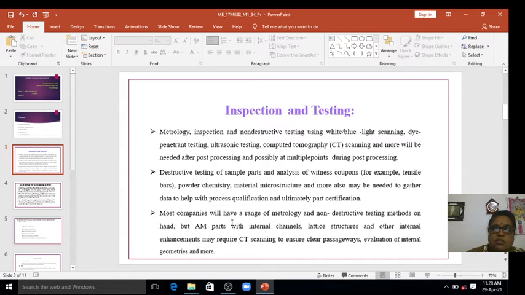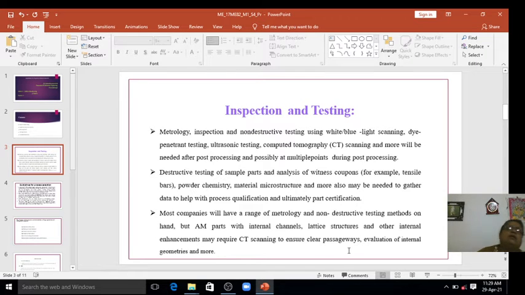Most companies will have a range of metrology and non-destructive testing methods on hand, but AM parts with internal channels have to be tested and inspected. Therefore, lattice structures and other internal enhancements may require CT scanning to ensure clear passageways, evaluation of internal geometries and more.